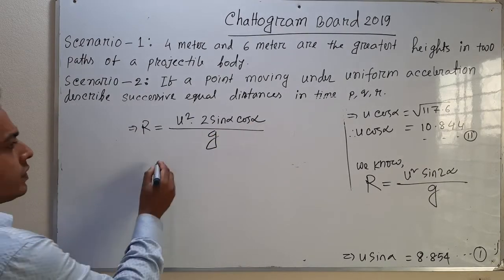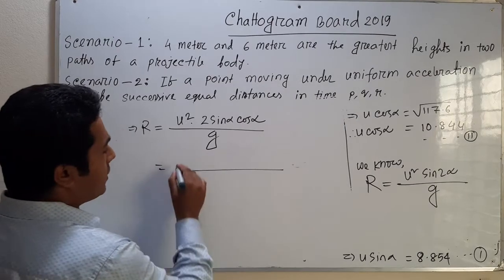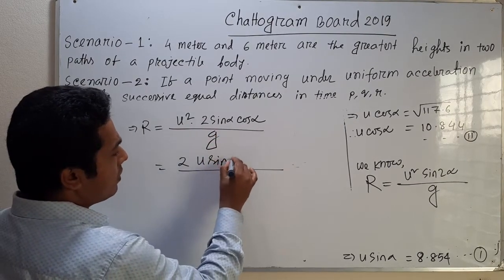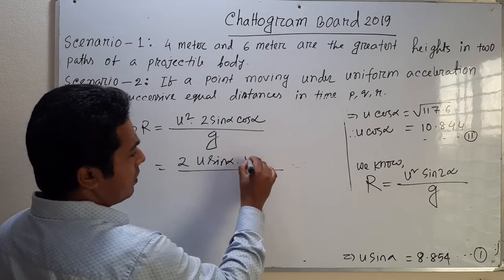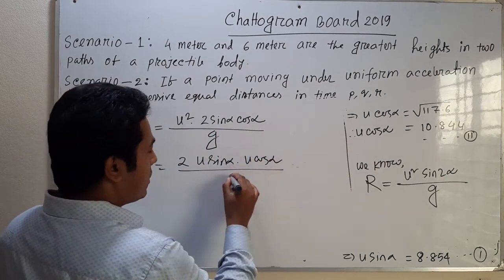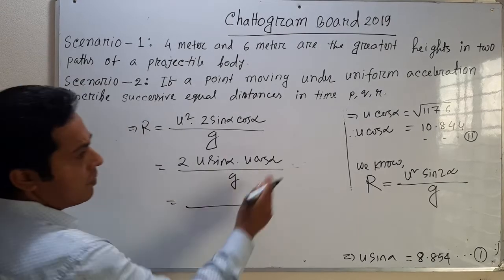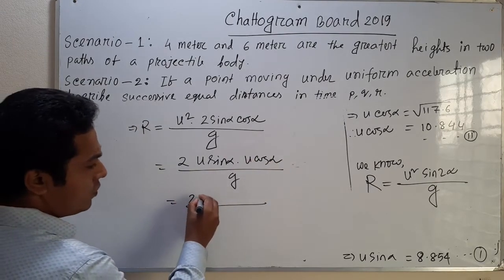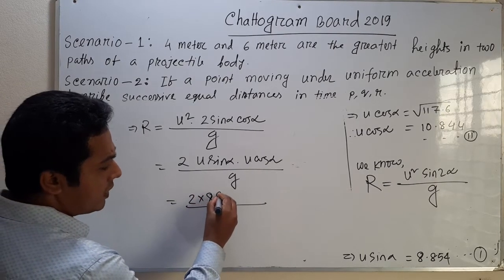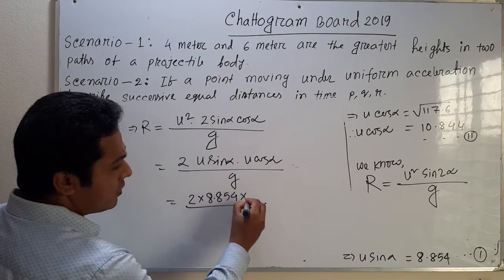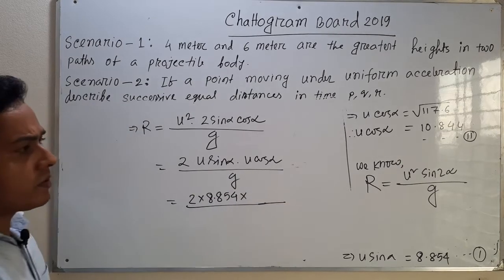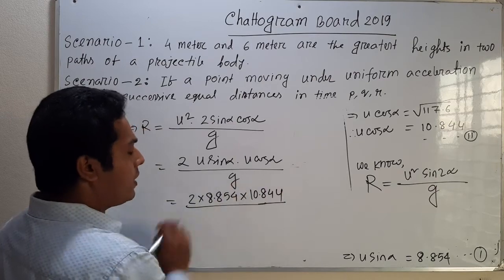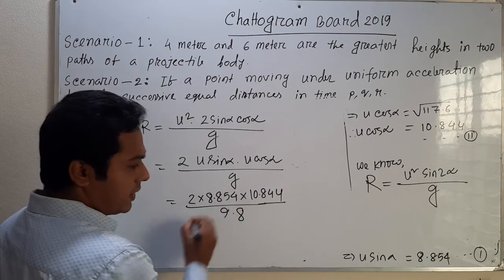So we can write it 2 u sin alpha u cos alpha divided by g. By using equation 1, u sin alpha is equal to 2 into 8.854, u cos alpha is equal to 10.844, and divided by g is equal to 9.8.